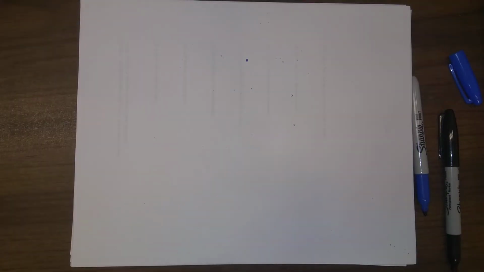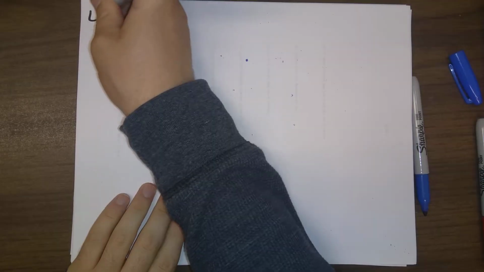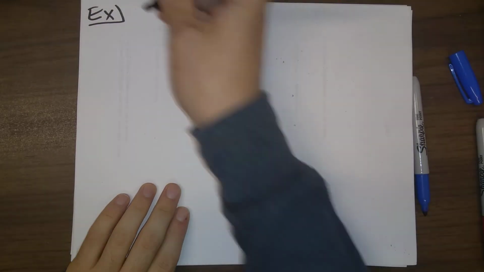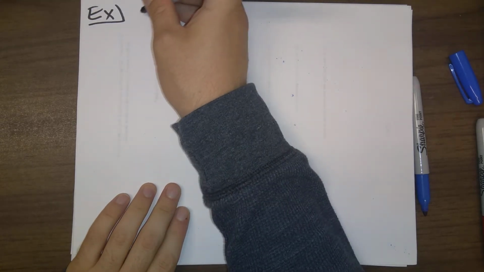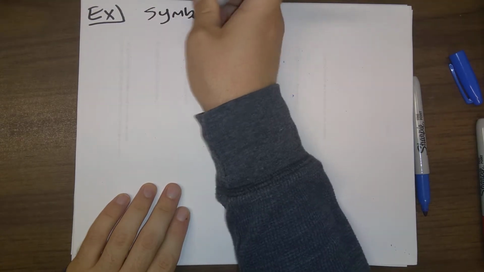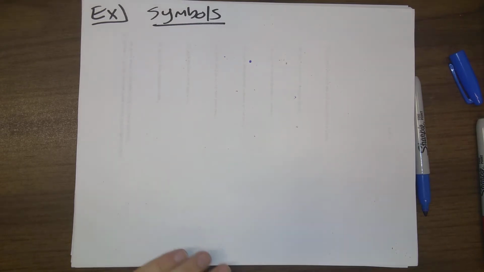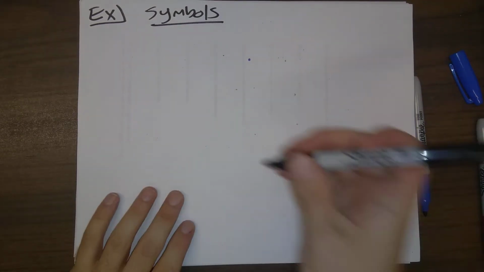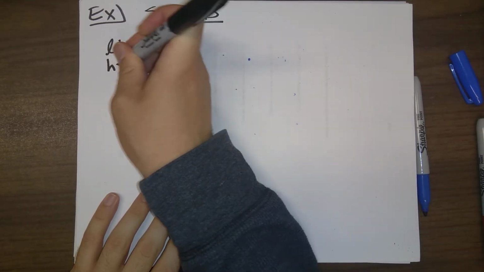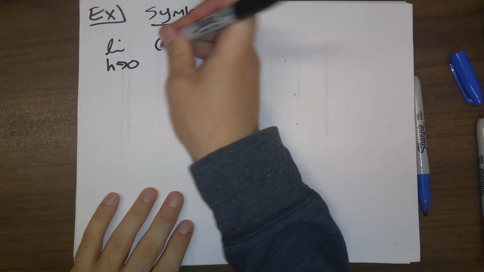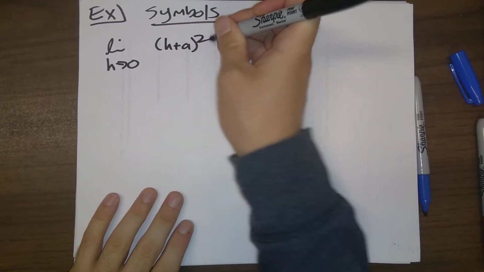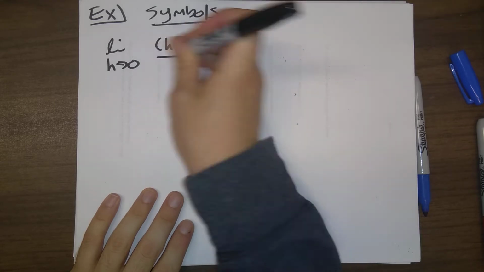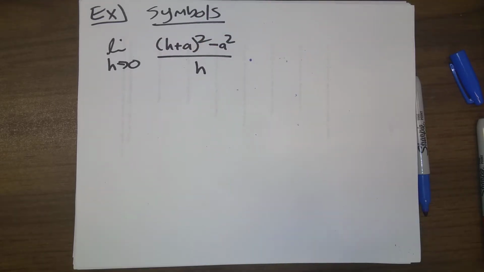To finish things off, I have one last example, and this is going to be one where we have symbols in our expression. We want to talk about the limit as h goes to 0 of (h plus a) quantity squared, minus a squared, all of that over h.